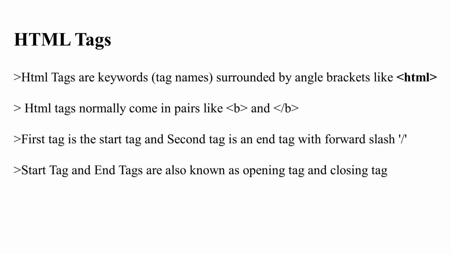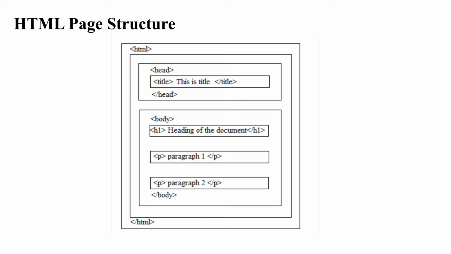Generally there are so many tags. Some tags come in pairs, and you can see here in the HTML page structure how we have given it. First is the html tag, which is the mother tag, and it will close sometime. Then there is head.